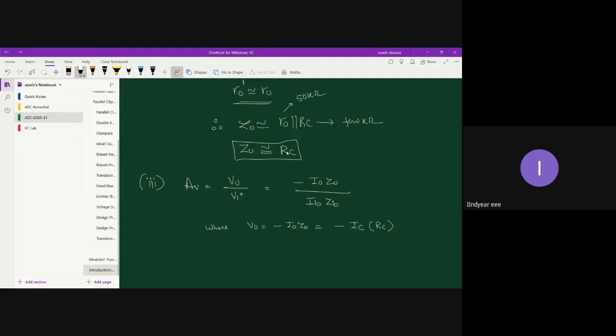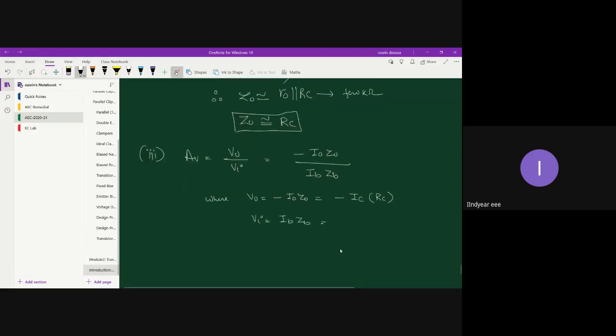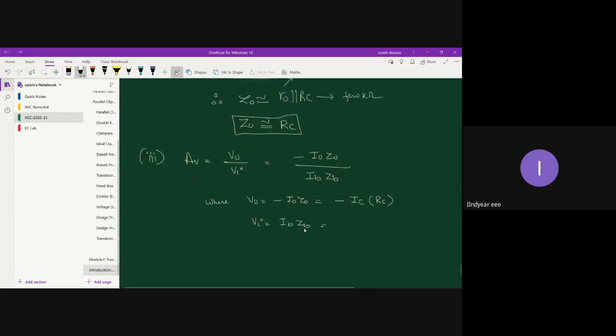In the previous step, we have seen that Z0 is RC. Similarly, Vi we have written as IB into ZB. Again, I'm taking IB because I can take out the ratio IC by IB. I do not want to take the ratio IC by Ii because Ii is unknown to me, but IB is known to me. That's the reason.